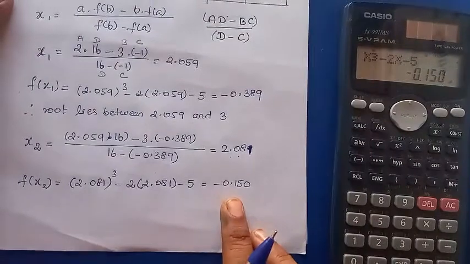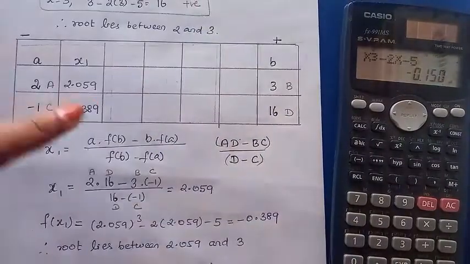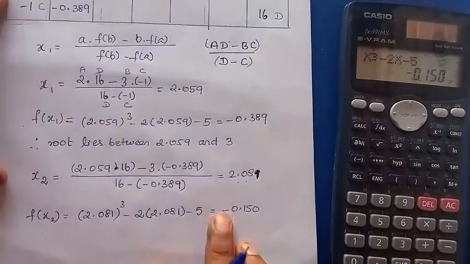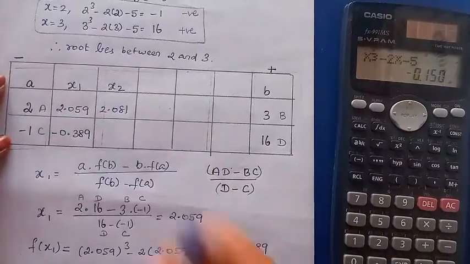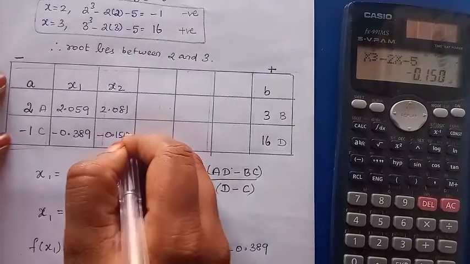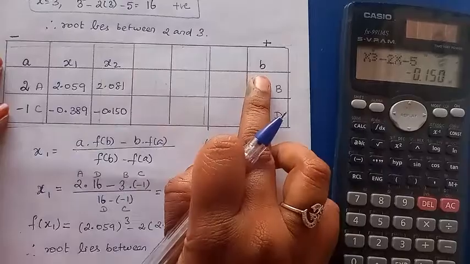See, the answer is negative. So note it down near the x1. x2, the value of x2 is 2.081 and the function value what you got is minus 0.150. Now our root lies between x2 and b.